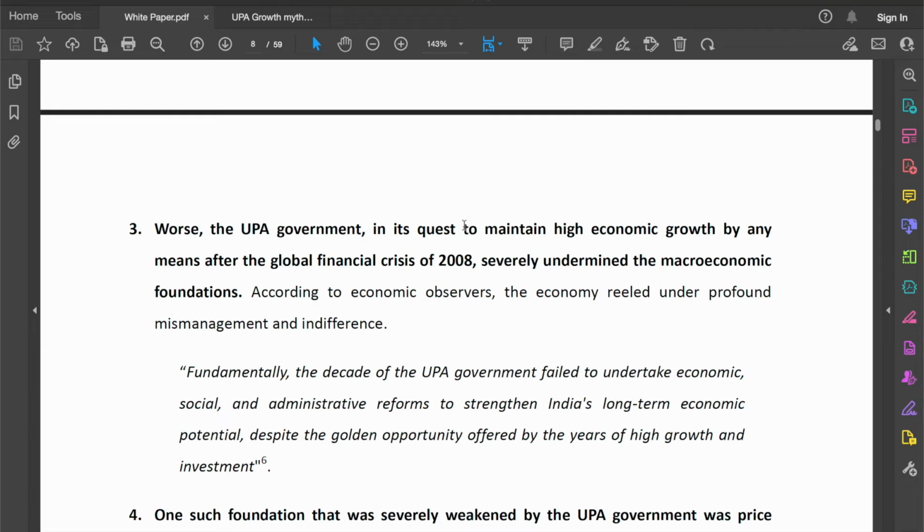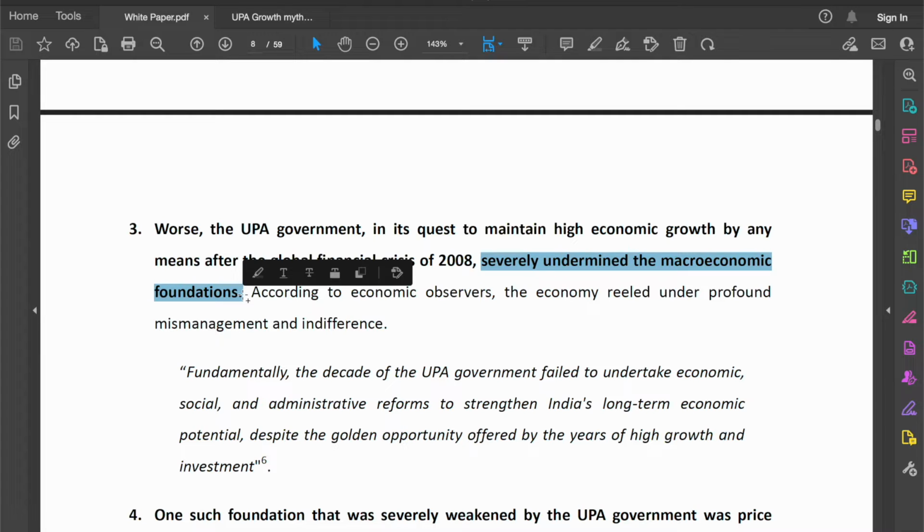What are the highlights of this particular document? The UPA government, in its quest to maintain high economic growth by any means after the global financial crisis of 2008, severely undermined macroeconomic foundations. What happened after the 2008 global financial crisis? Many countries around the world decided that all the governments would start spending so that it would give a boost to the economy.